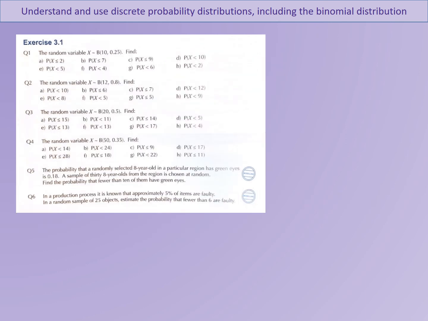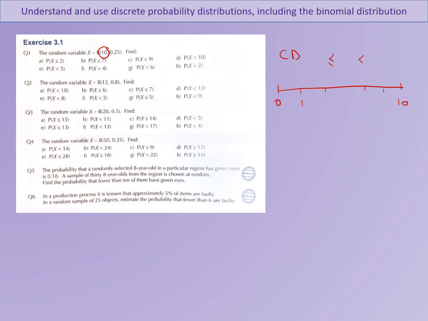And for this exercise 3.1, which is on page 192, again very similar. Most of these look like they will be the CD function. Just be careful on the strictness. Is it less than or equal to or just less than? If it helps, use a number line. So you can see here where you've got 10, that means you have outcomes from 0 to 10 all the way up.